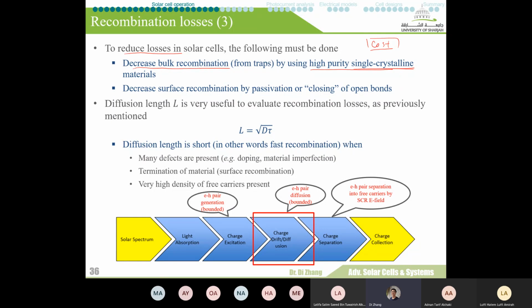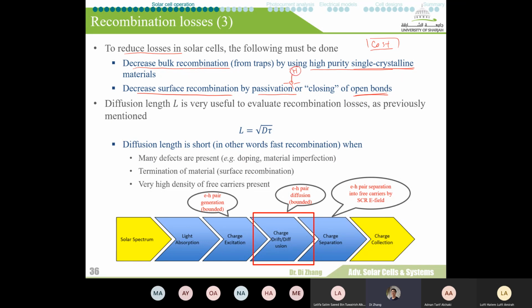Regarding the surface recombination, what can we do to reduce the surface recombination rate? For these open bonds, we can try to close them by going through the so-called passivation process. Since we have these open bonds, how about we attach another atom before we actually apply this surface in a solar cell?